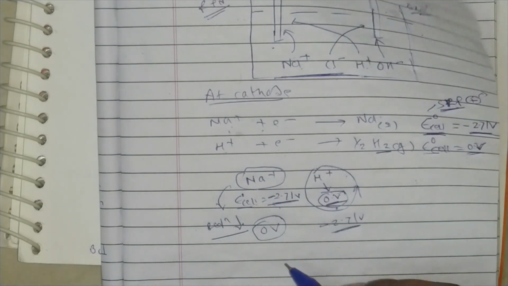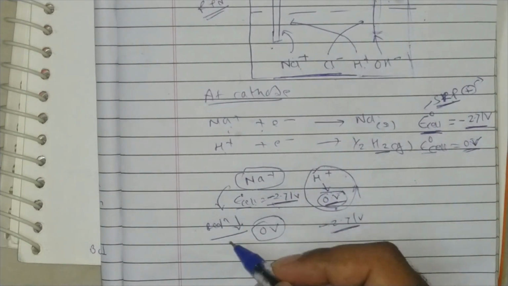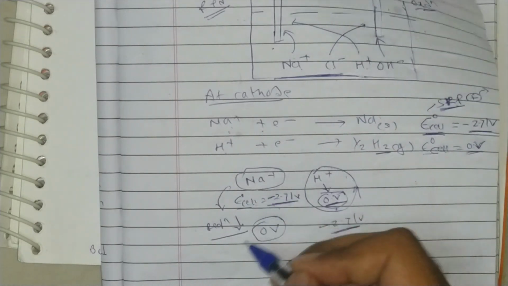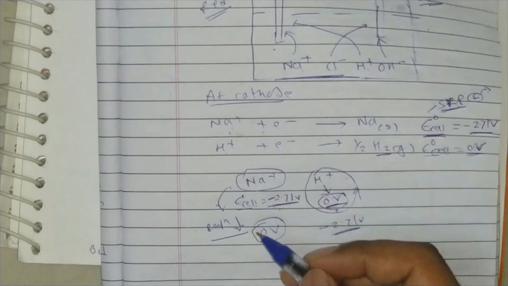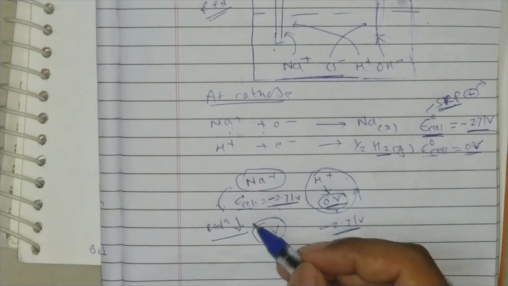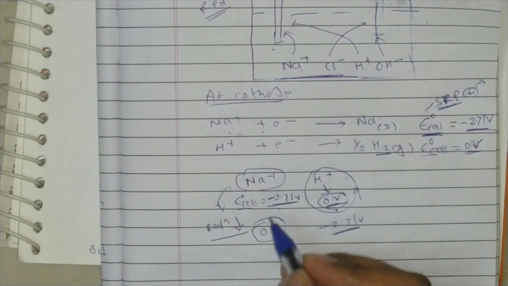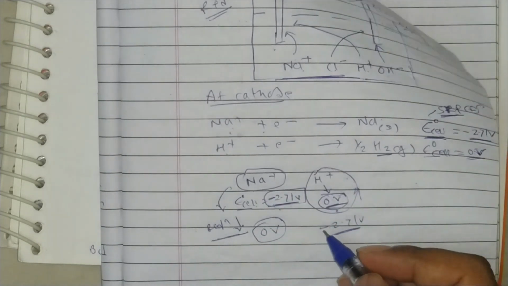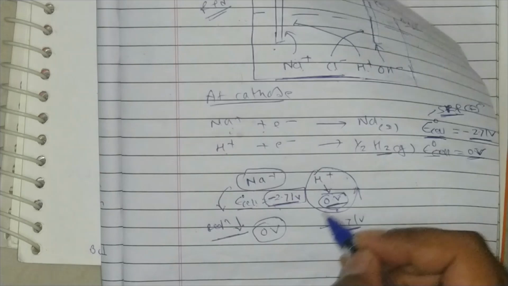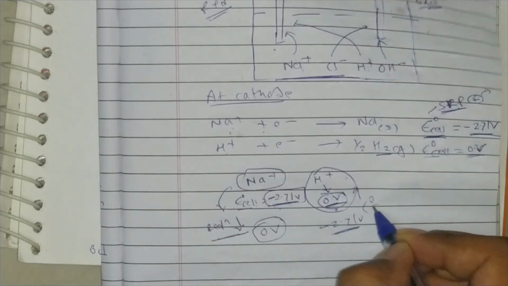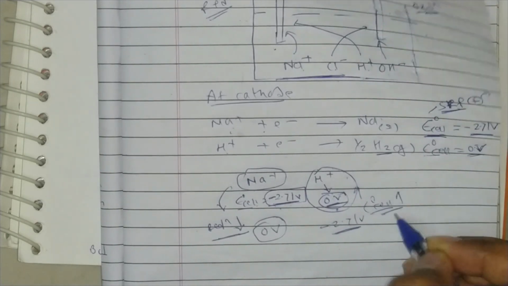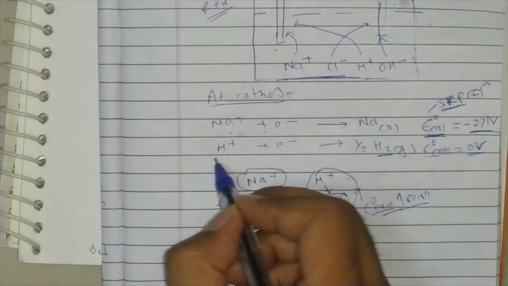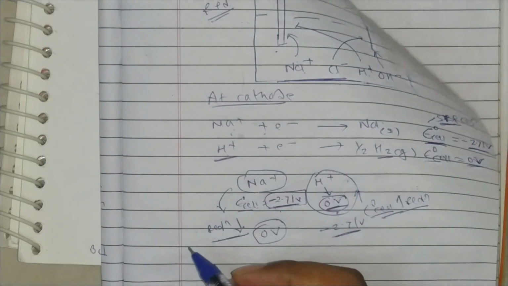So you have to remember, if the half cell reduction potential is negative, then the tendency of that ion to undergo reduction is very less. The more negative it is, the lower its tendency to undergo reduction, and the more positive the reduction potential, that is E naught of the cell, the better its tendency to undergo reduction. So tell me, which will undergo reduction here? Hydrogen will, sodium will not.